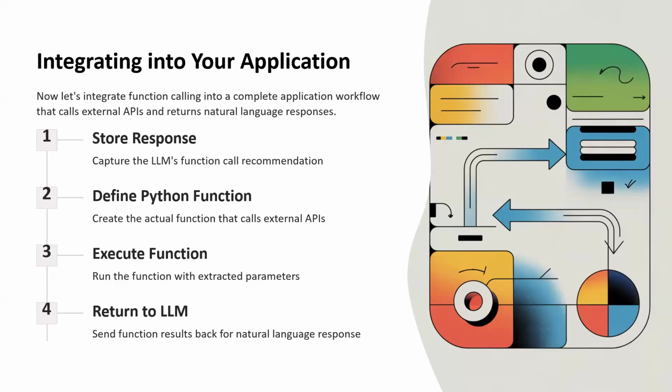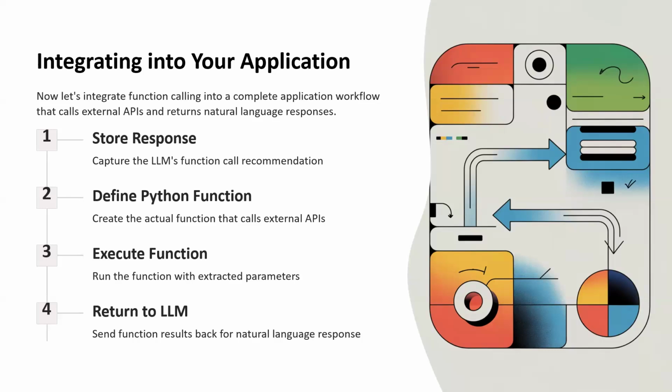The function will have access to the external API, and then will return natural language responses for us to display to the user. Basically, the way it runs is once the user writes in a prompt, the LLM will capture the information from the prompt and then determine what function to use.